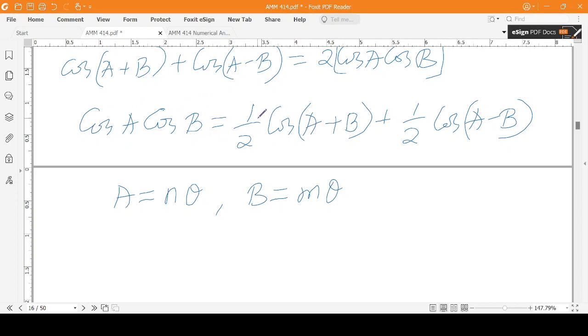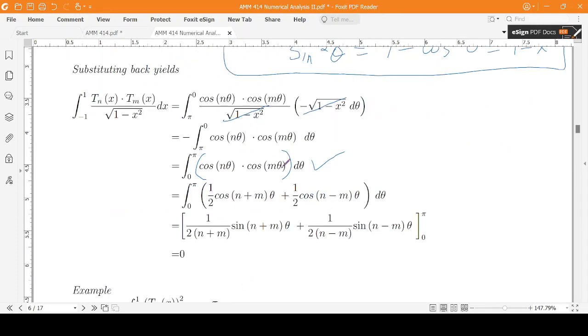And you see the other side will be a half cosine of n theta plus m theta plus a half cosine of n theta minus m theta. So in this case, we get our next line here: a half cosine of n plus m theta plus a half cosine of n minus m theta.